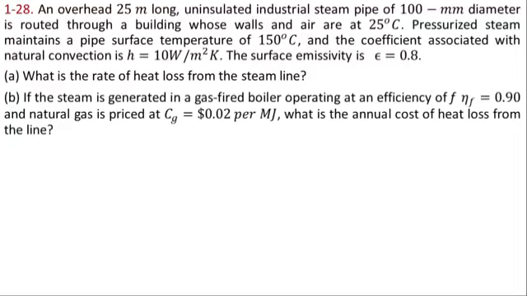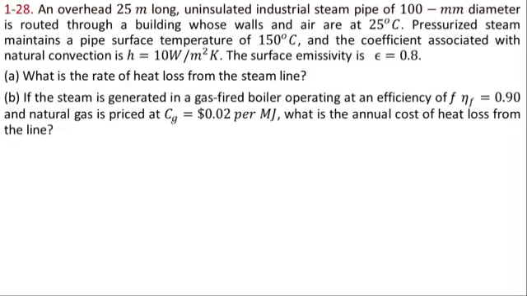We have a long overhead industrial pipe which is 25 meter in length and 100 millimeter in diameter. The pipe is routed through a building whose walls and air are maintained at a temperature of 25 degrees centigrade.